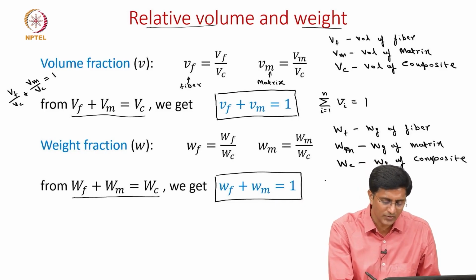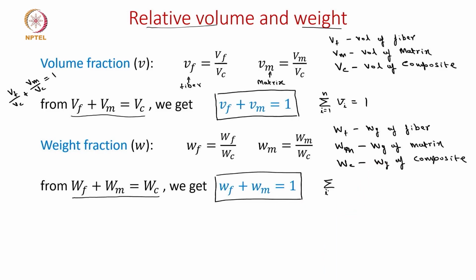And again, of course, we can generalize this for n number of constituents and simply say the summation of wi is 1.